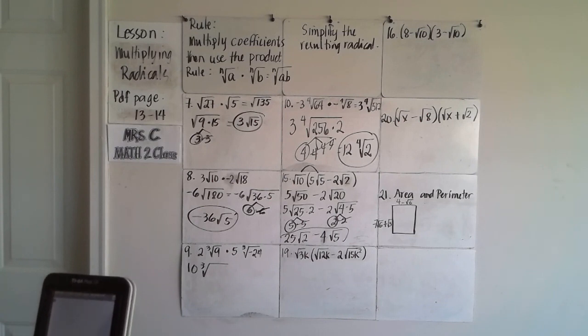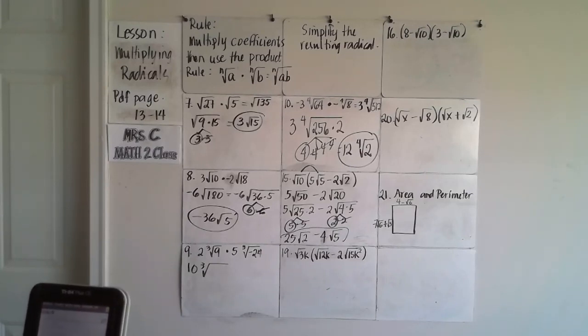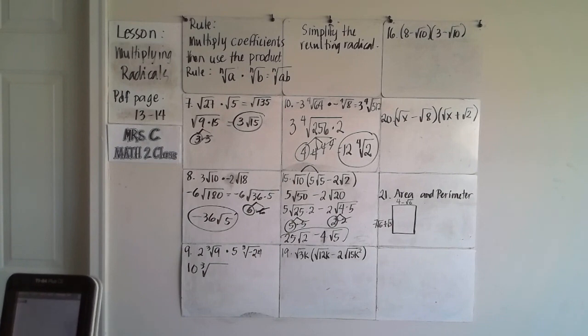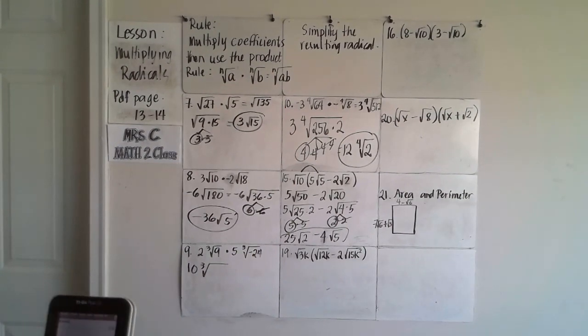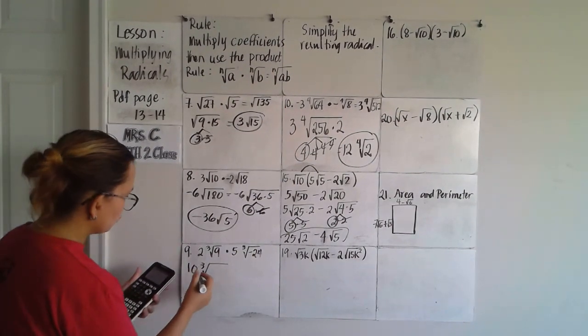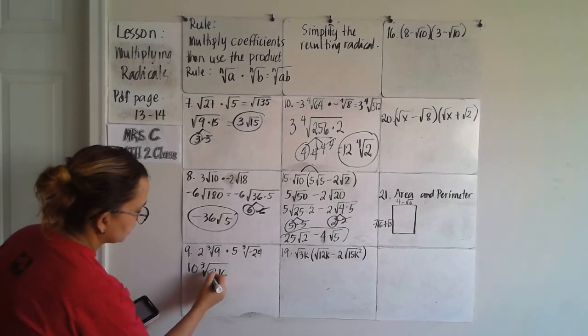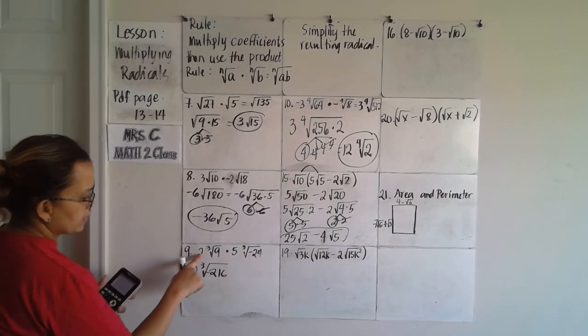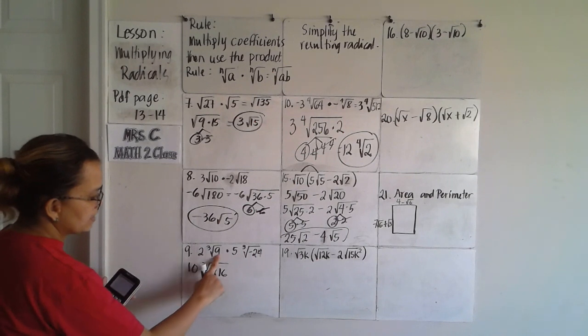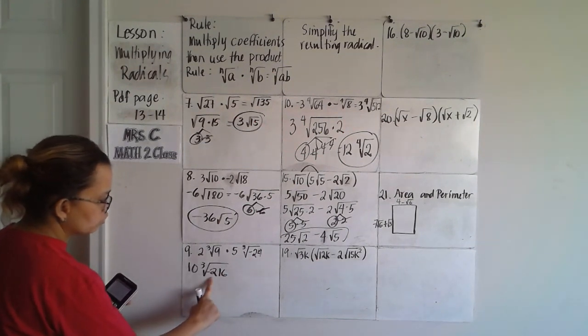Is 216 divisible by 8? Yes, 27. So it is a perfect cube. So that's 2 and 3, 6. 1, 2, 3. Yay! Negative. So again, 2 times 5 is 10. 9 times negative 24 is negative 216.